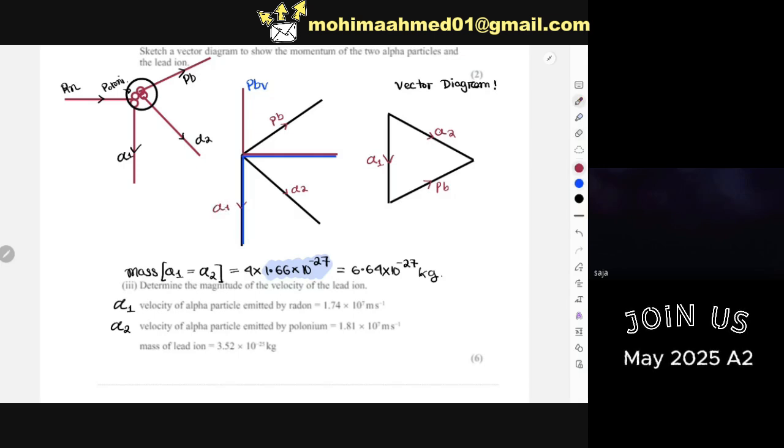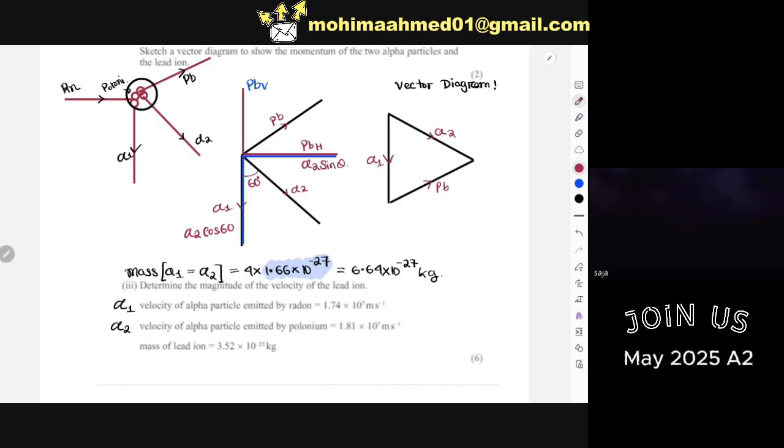This is entirely alpha 1, and also the vertical component of alpha 2, right? It was 60 degrees over here. That means this is going to be alpha 2 cos 60. And then your horizontal component, P of lead horizontal, is entirely equal to alpha 2 sine theta. Right?